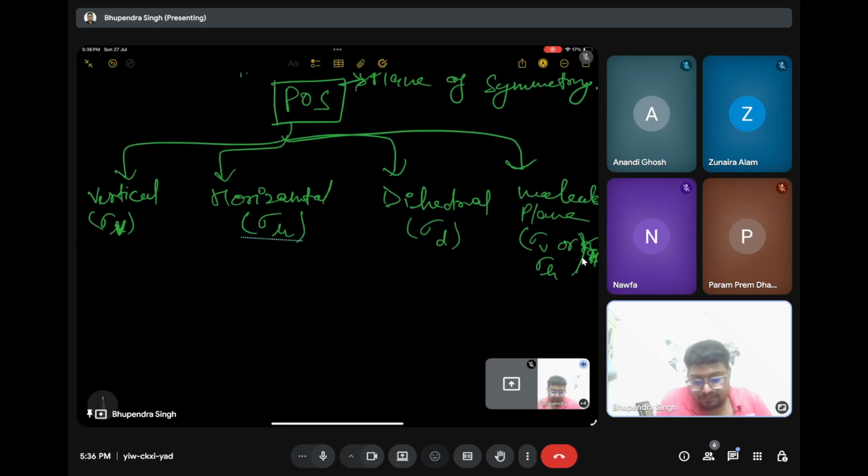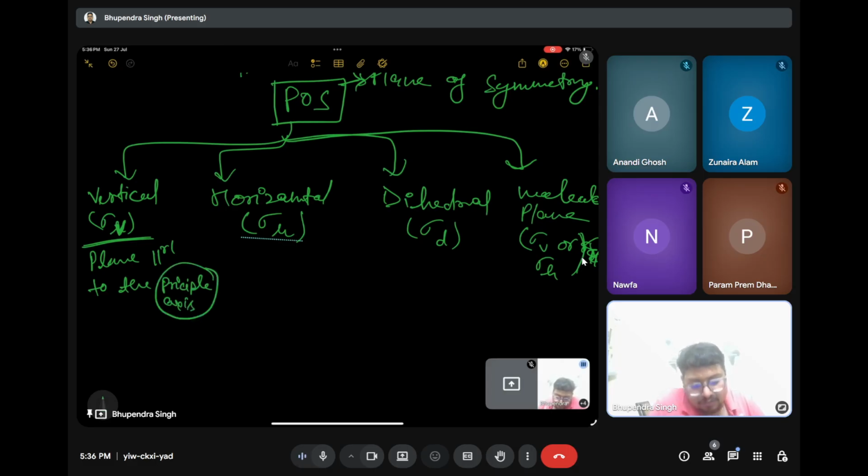This vertical plane is parallel to the principal axis. Now you know how to determine the principal axis, I think you know very well.